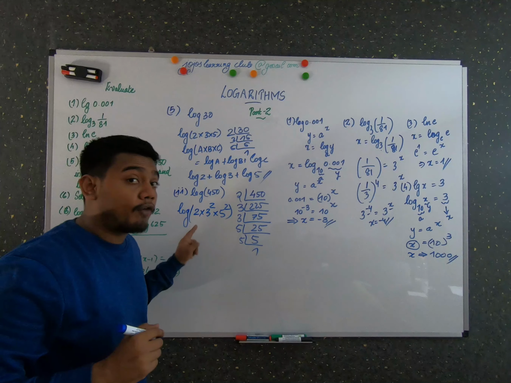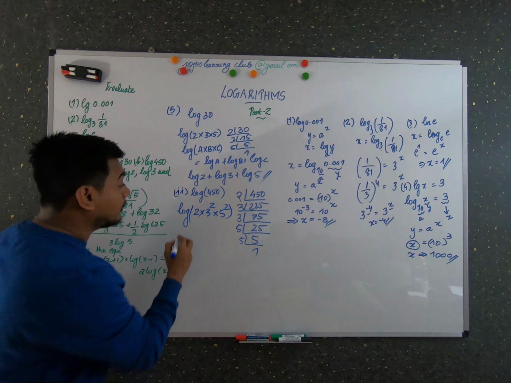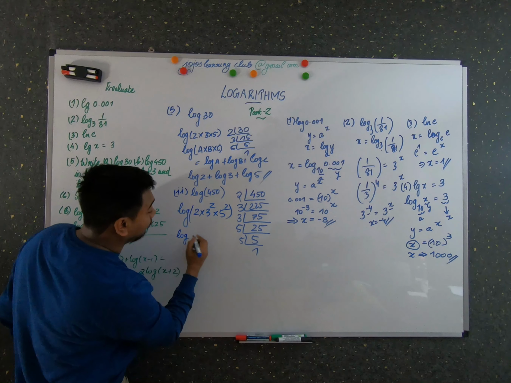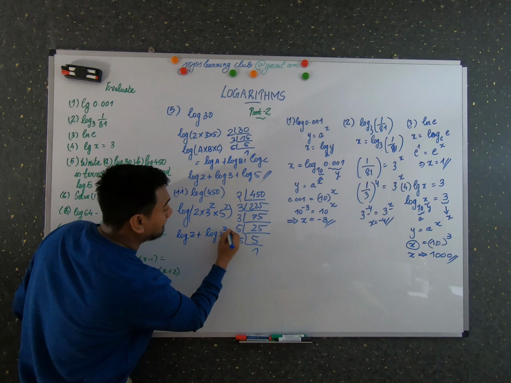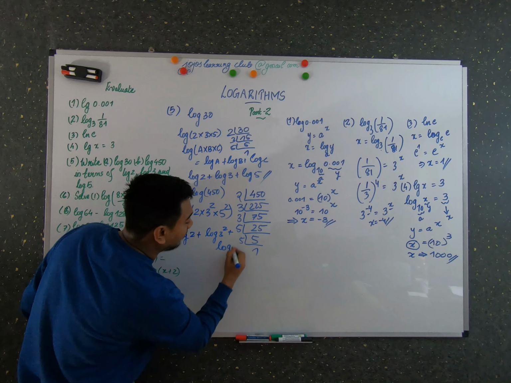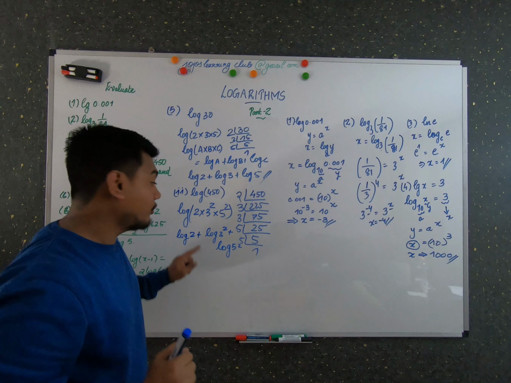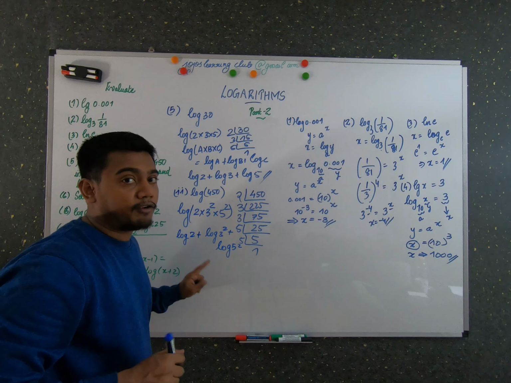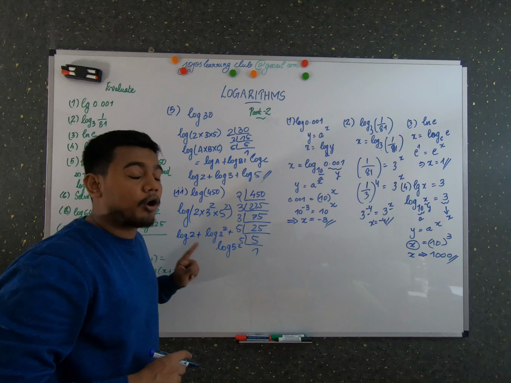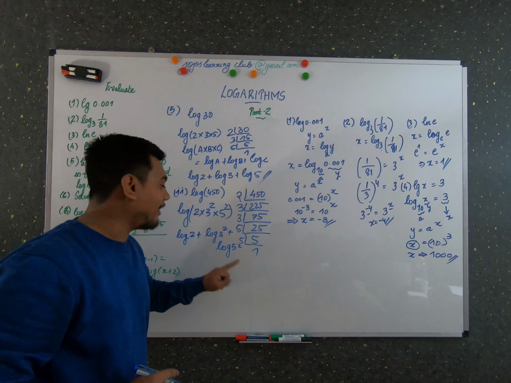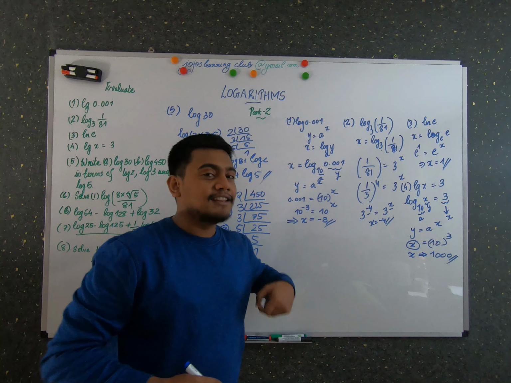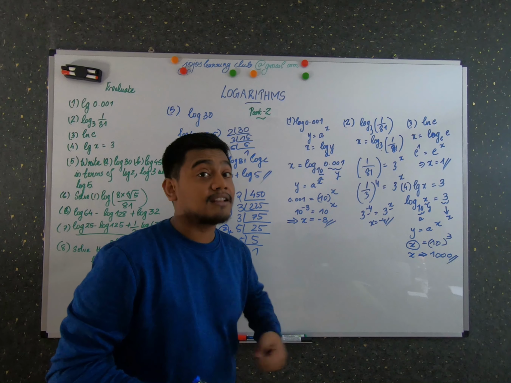Again apply the law of logarithms for multiplication. When you have multiplication, you can write log 2 plus log 3 square plus log 5 square. Am I doing right? So this is how you write it when you apply the law of logarithms for multiplication. Again, here 3 square is there, so you have to apply the next law of logarithms for when a number is raised to a power.